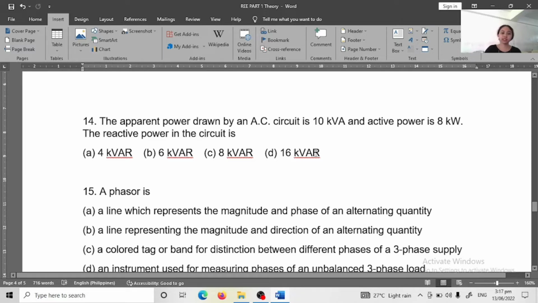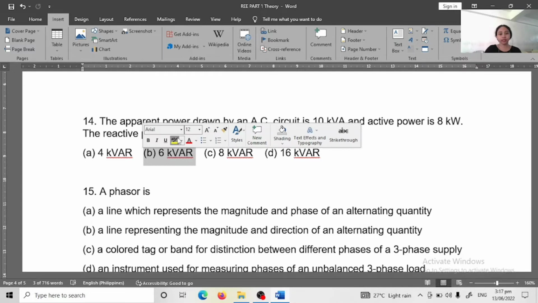So by using the Pythagorean theorem, we have the square root of 10 kVA squared minus 8 kilowatts squared, which is equal to 6 kVAR, which is the reactive power.